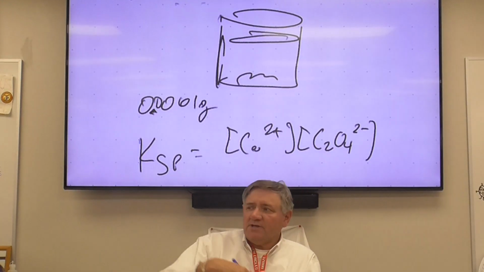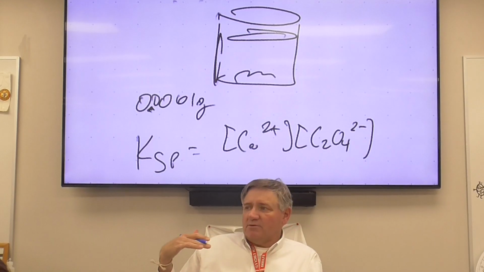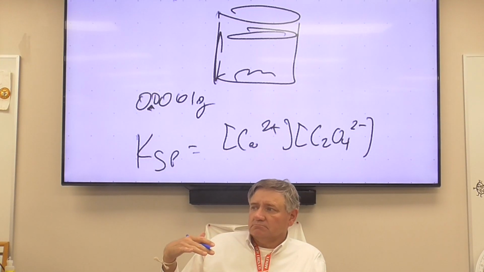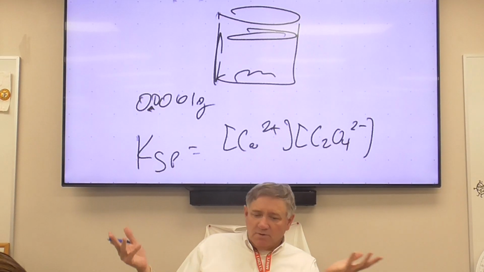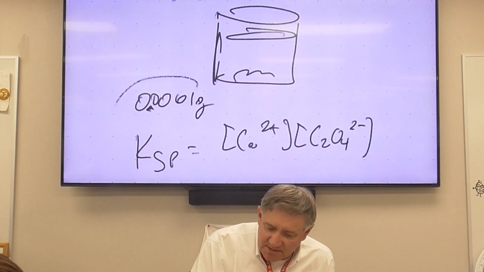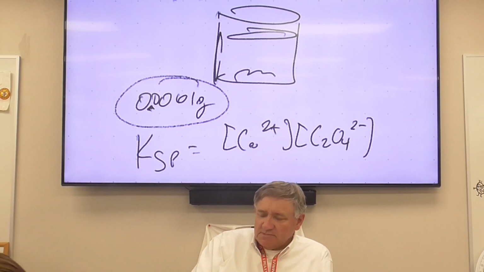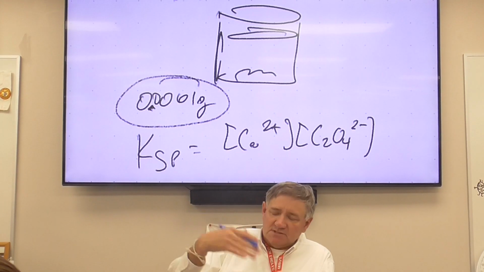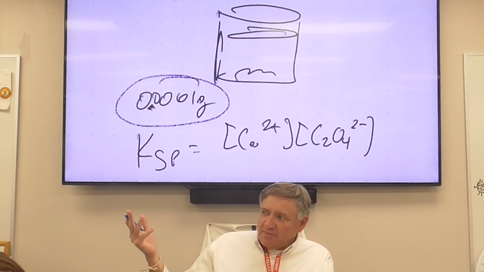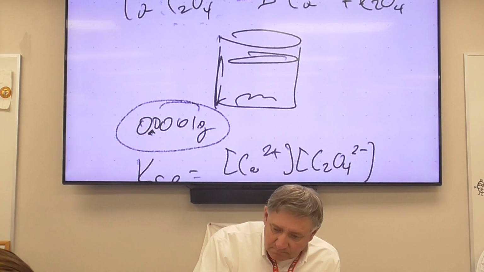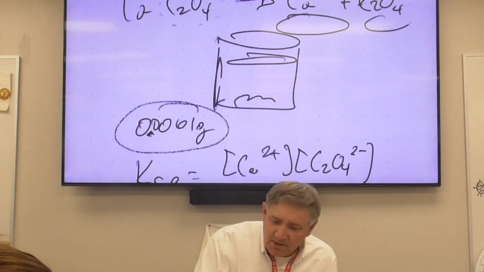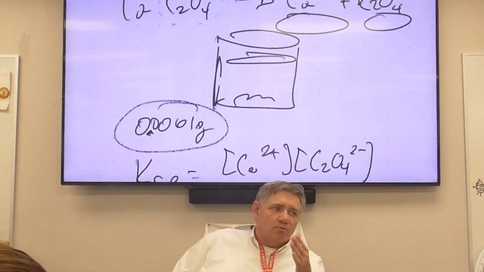Now, do you need to square, cube, do anything wonky with those? No, because it's just a 1-to-1 ratio. There's no coefficients out in front. Boom, there you go. So you're going to take that 0.0061 grams, convert that into moles. It's in 1 liter. That made the math easy. Okay? So here's what's going to be important. These are going to be in the same ratio of 1-to-1.